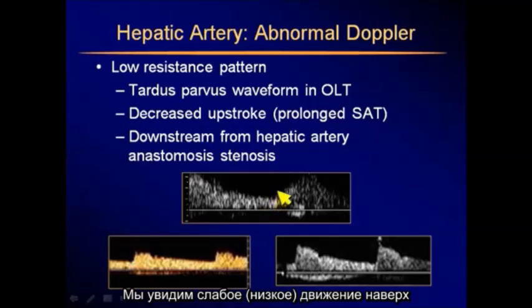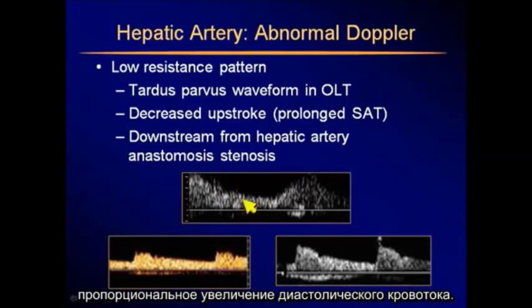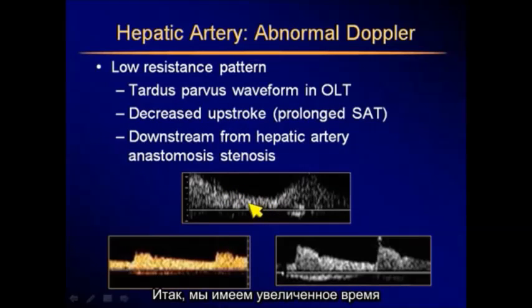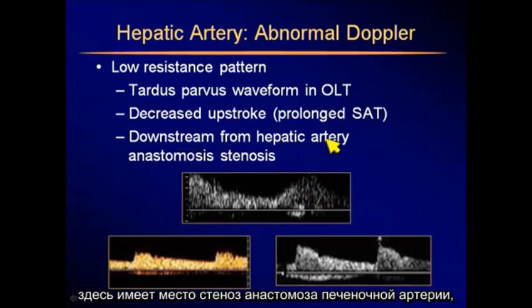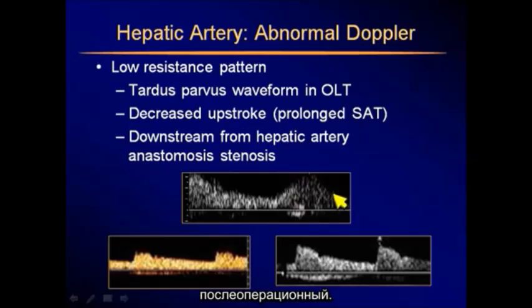We would see low upstroke and fairly low velocity, which means that proportionately the diastolic flow is elevated. So we have a prolonged systolic acceleration time, and then this tardus parvus waveform. What it means is that there is a hepatic artery stenosis, anastomosis. There's an anastomotic stenosis post-operatively.